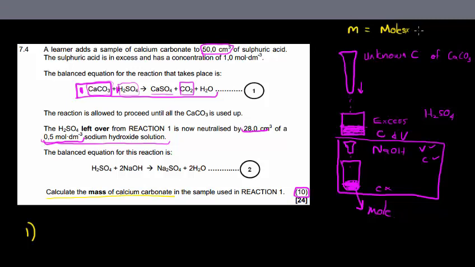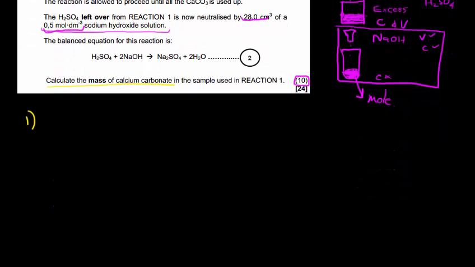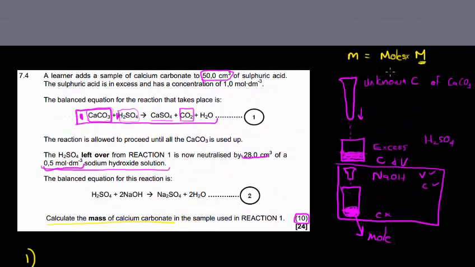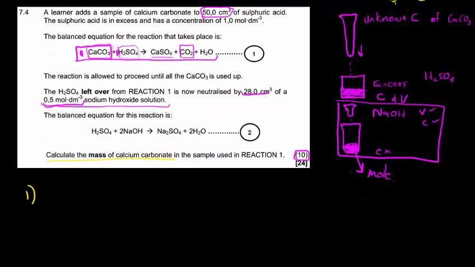The big mass, good. We get the molar mass from our periodic table. We want to know how many moles there were in here originally, and the amount of moles that was in here originally is the same amount of moles that reacted here.